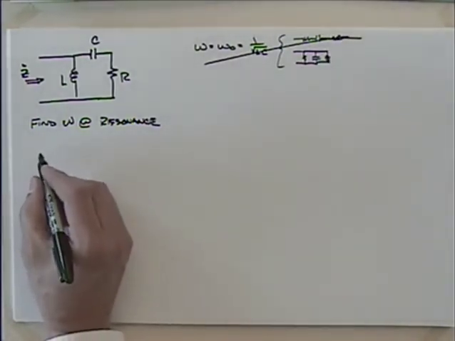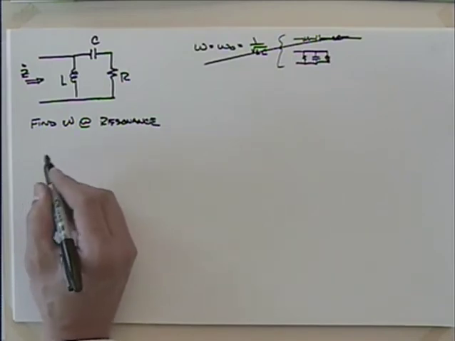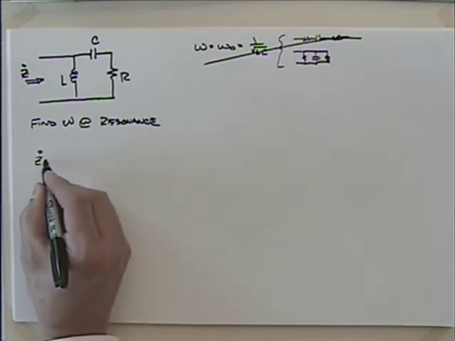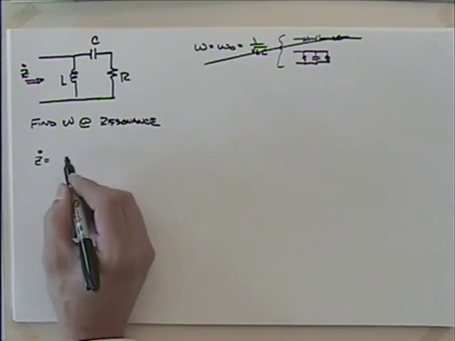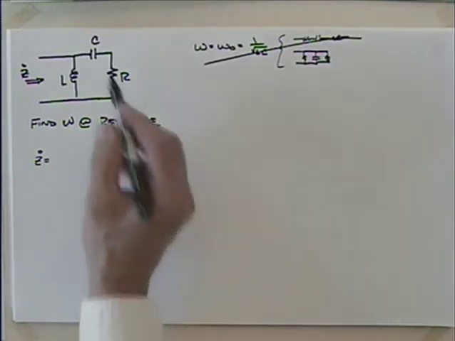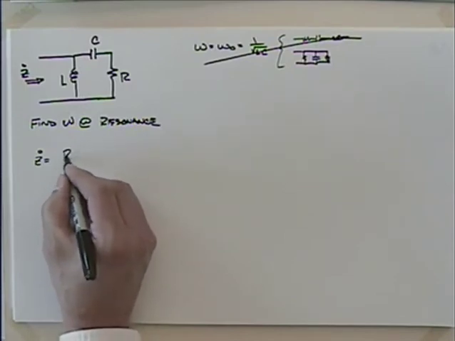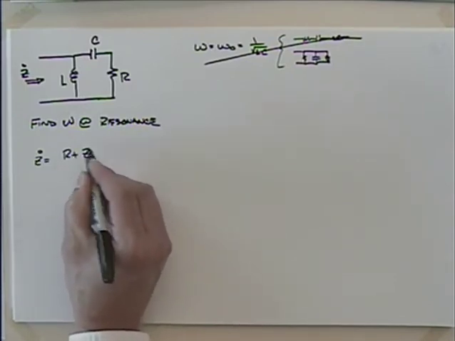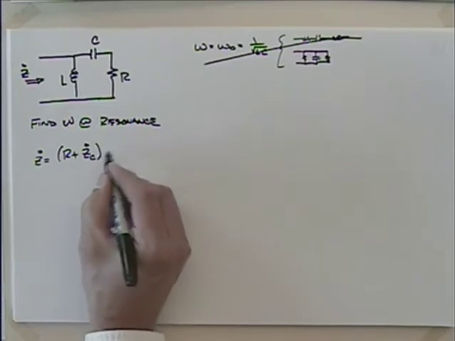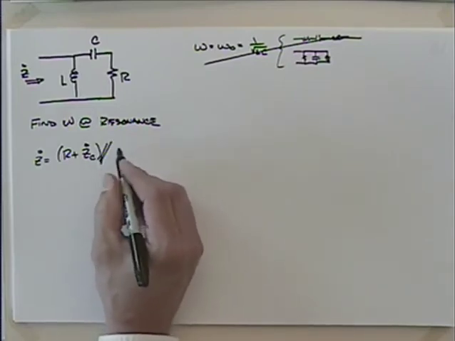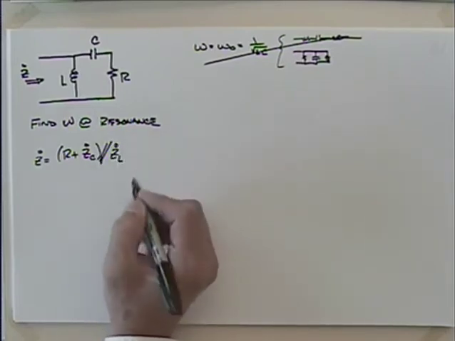So let's derive this. Let's talk first about the impedance. So I could talk about the impedance Z. I could say that that's what? The two branches in parallel. So I could say that was R plus the impedance of the capacitor in parallel with the impedance for the inductor.